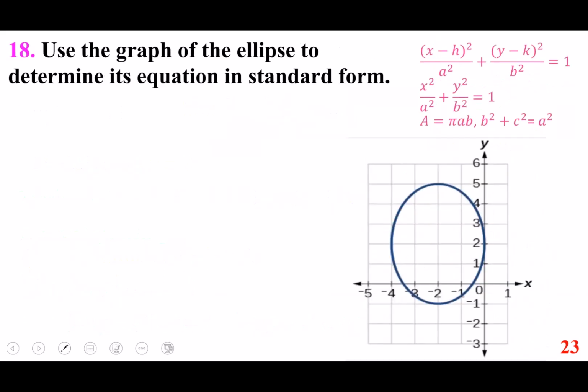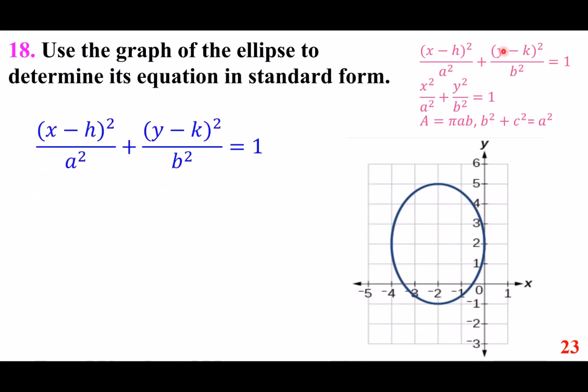Use the graph of the ellipse to determine the equation in standard form. And of course, here's the standard form. We are looking for h, k, a, b. So we locate the center, and we read it as negative 2, 2.